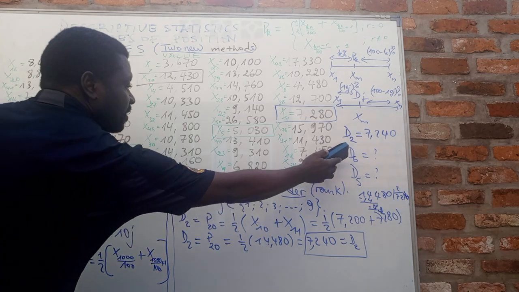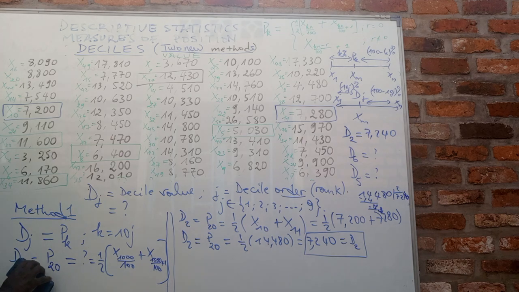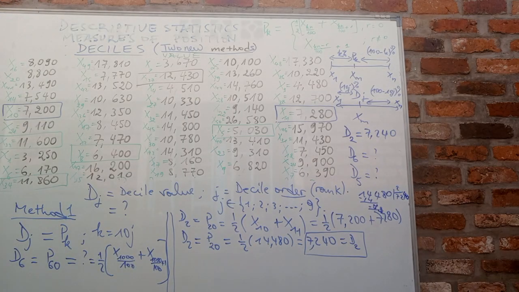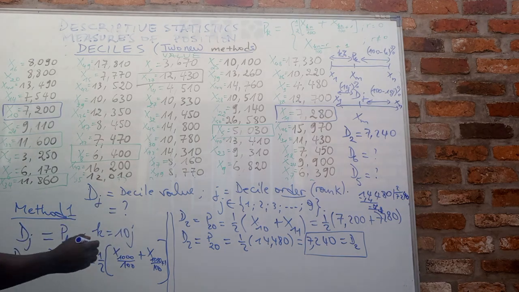So this one is going to be D6, so it will be P60, with K equal to 60 and J equal to 6.